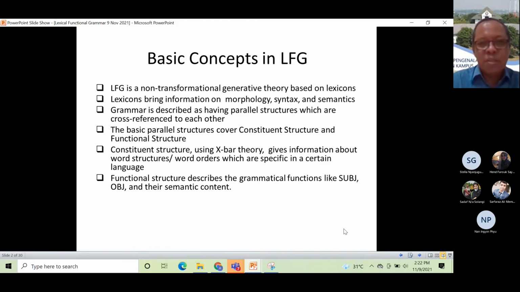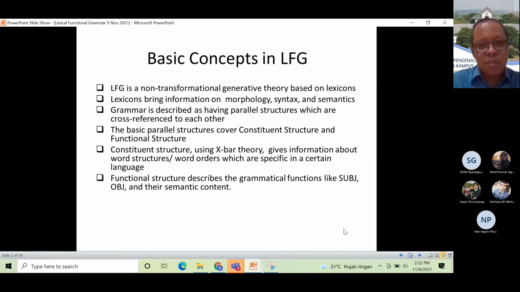The constituent structure gives information about what structures and what orders are specific in a certain language. So the practice that we have done so far today and also last week, where we talk about how a sentence can be described in terms of phrases, and distinguish adjuncts and complements, and then we can understand how the construction is constructed in its form.